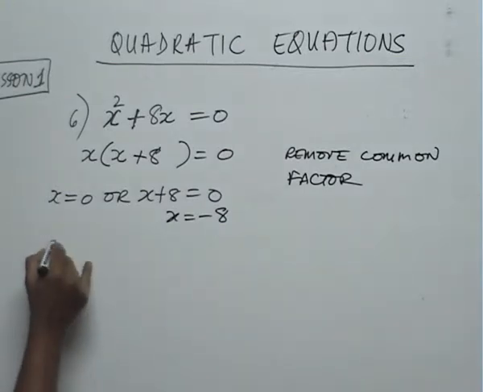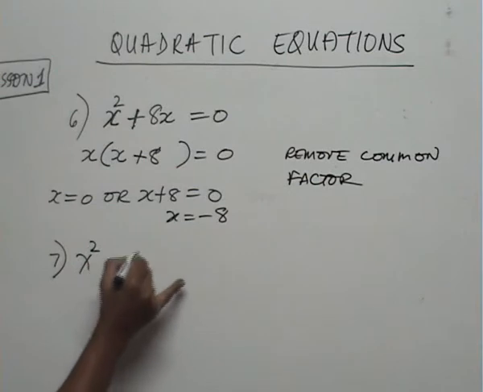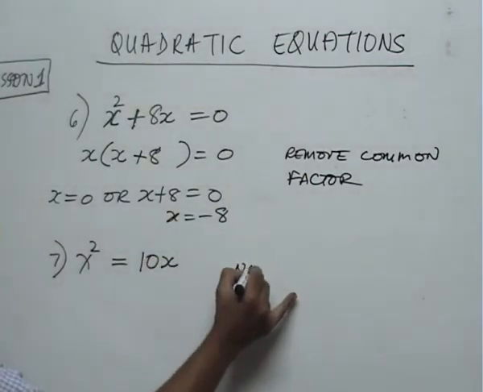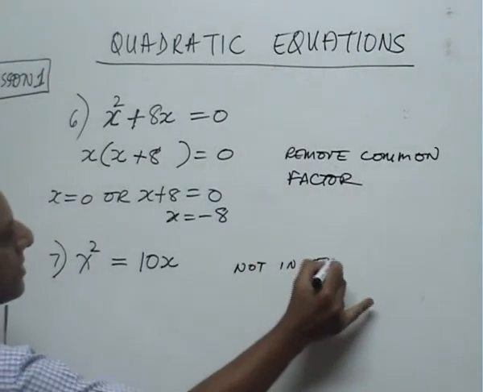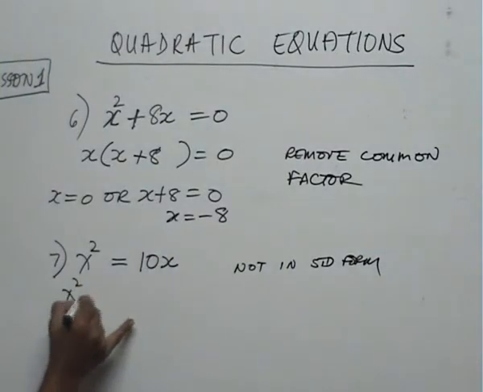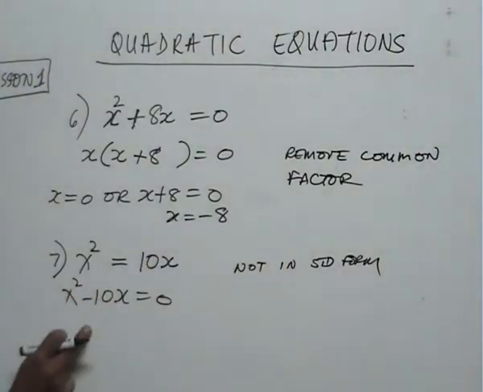Now let's do another example just like this. x squared is equal to 10x. So firstly, this is not in standard form. So let's bring it to standard form. x squared minus 10x is equal to 0. I brought that on the left.